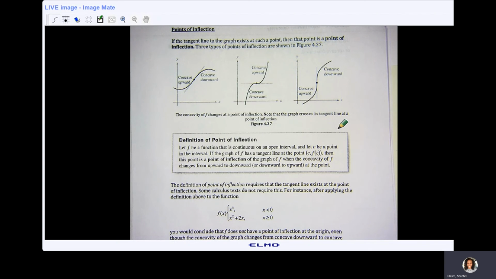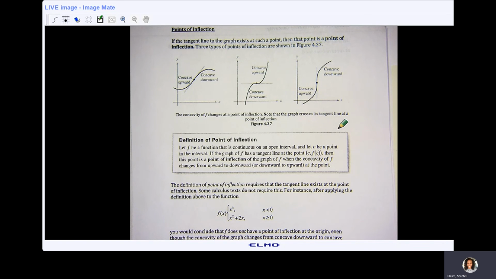Those are your critical values. Those values are used to set up your intervals. So once you look at your intervals, if your intervals have a change in concavity, then those critical values become points of inflection. If there's no change, then they're just critical values and not necessarily a point of inflection.